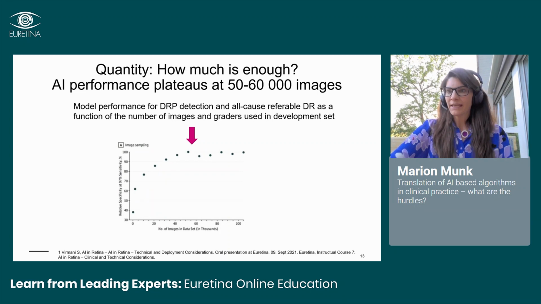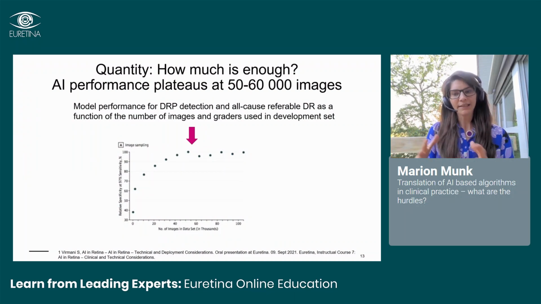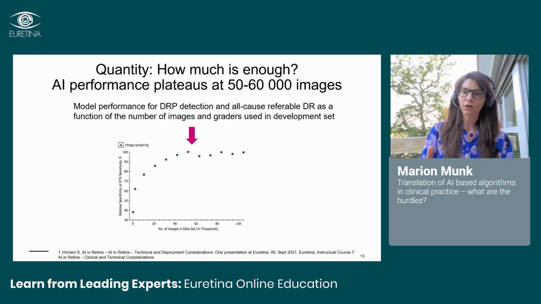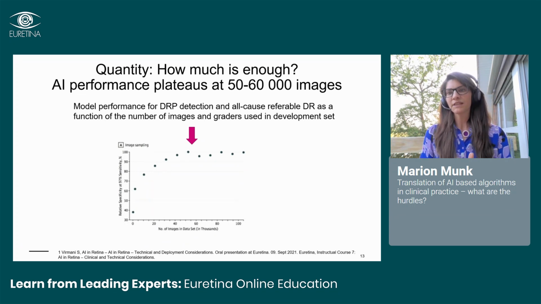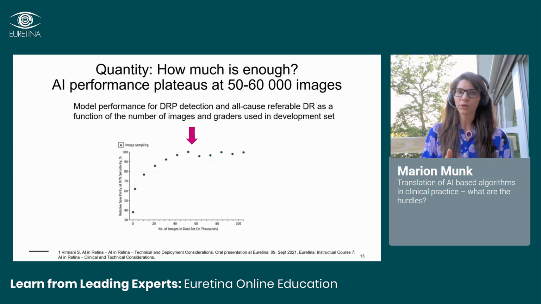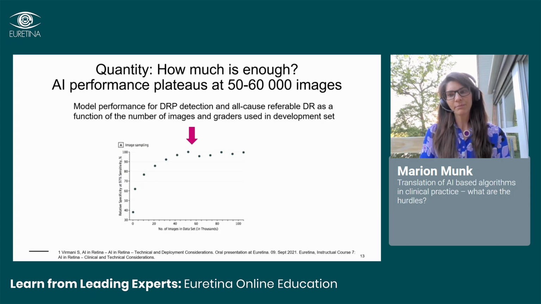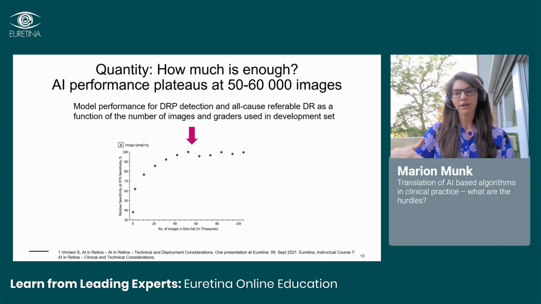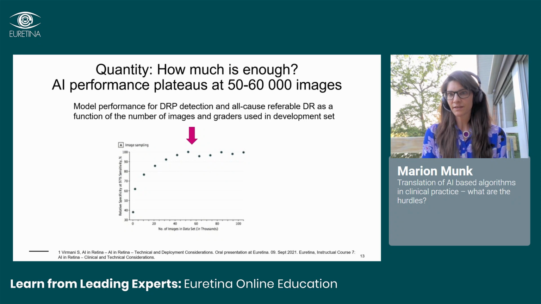But how many pictures are really needed to train an algorithm appropriately? Again, this depends on the question and on the algorithm you use. Usually, for a quite easy algorithm where you just differentiate between referable and non-referable diabetic retinopathy, which means the algorithm decides whether it's no or mild diabetic retinopathy versus moderate, severe non-proliferative or proliferative diabetic retinopathy, you usually need 50 to 60,000 images to train the algorithm accurately.